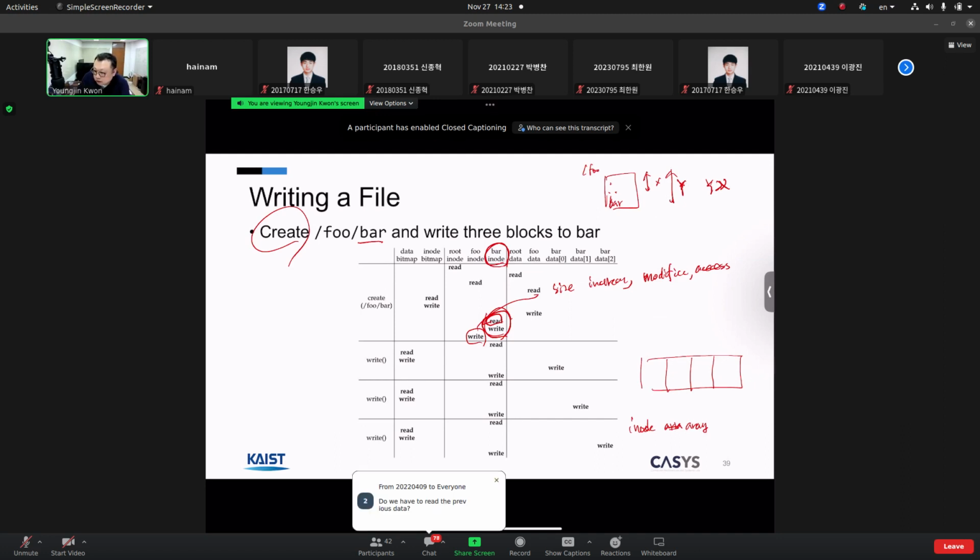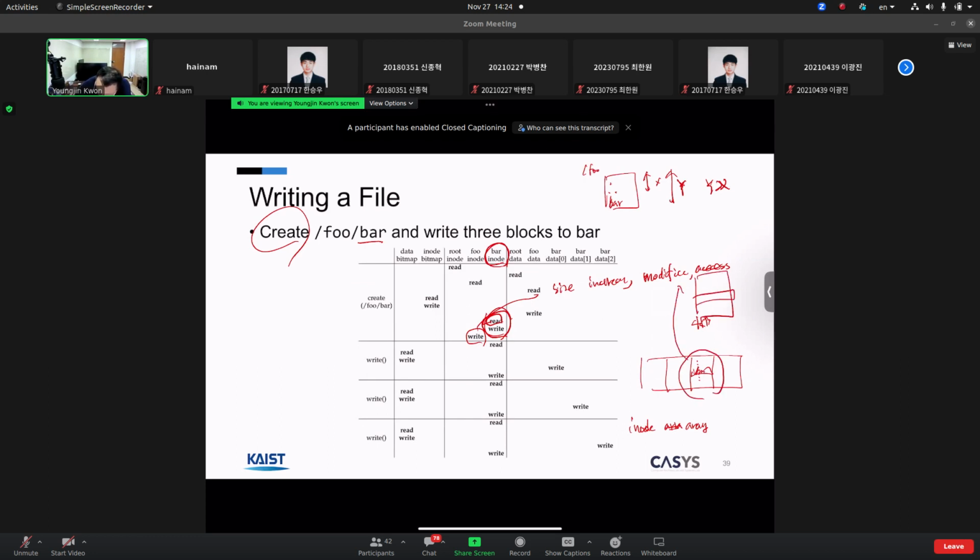Does it make sense? Do we need to read all previous data? Specifically, this is what happened. Look at the inode: it has 4 kilobyte blocks, with several different inodes, here inode bar. You read the entire block, and here is the bar inode part, and you modify it and write it back.